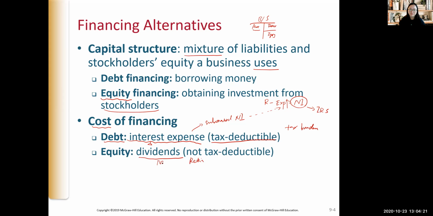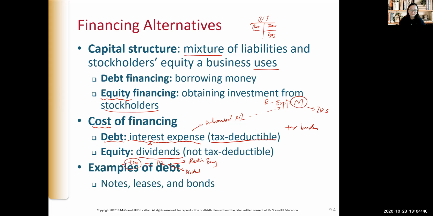There's a net income, and from net income we can split it: you can give money as dividends, and whatever is left is called retained earnings. So dividends, see, are after tax. Tax has already been subtracted. Therefore, if you give people dividends, you are not enjoying a tax benefit of this way of financing.